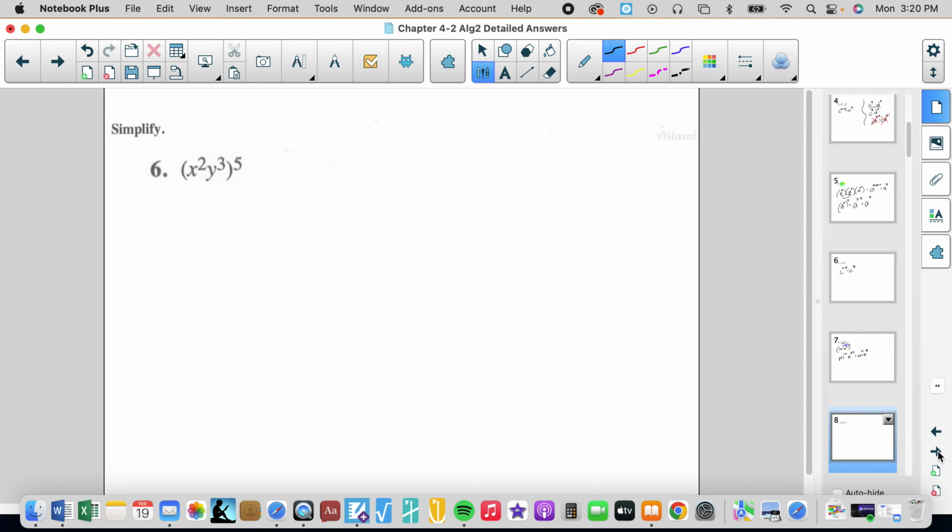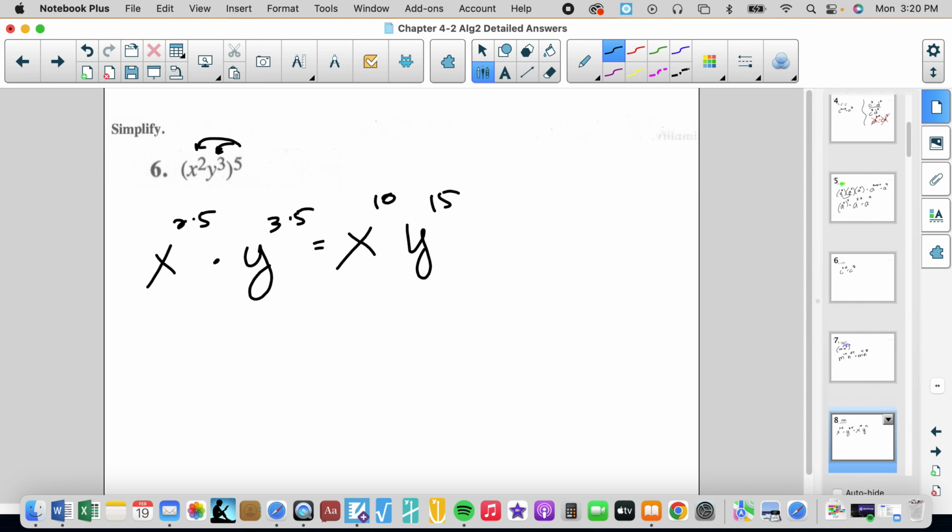And doing it this fast and efficient, recognizing, knowing the game plan, seeing and not thinking is going to be important. So we have x to the 10th, y to the 15th.